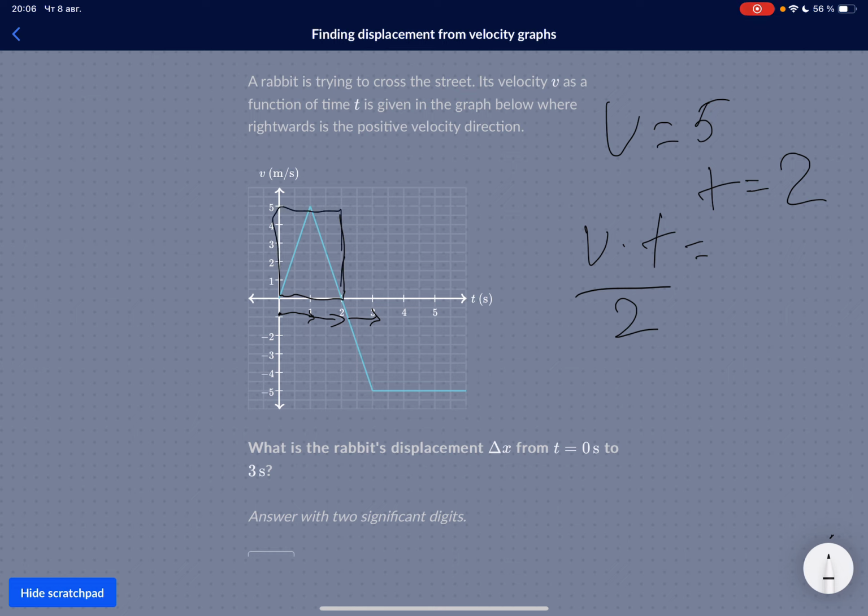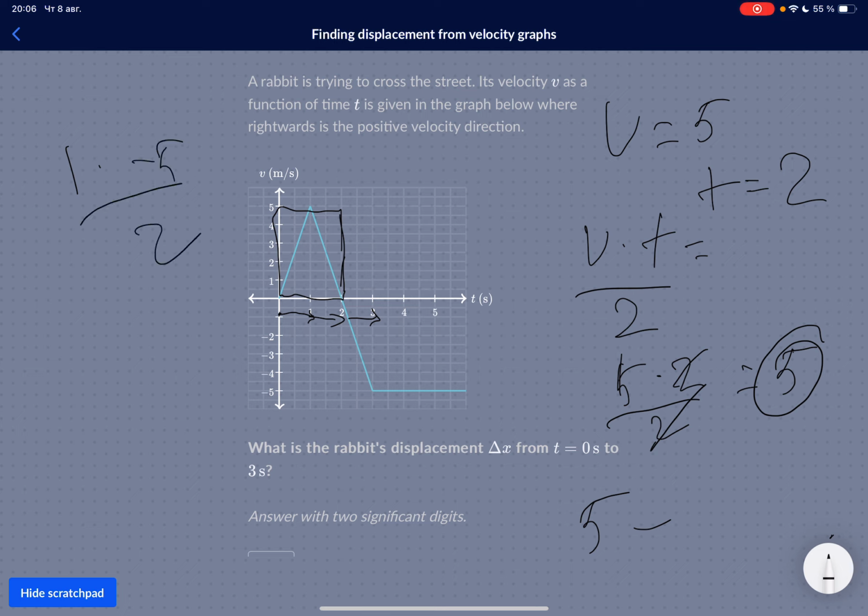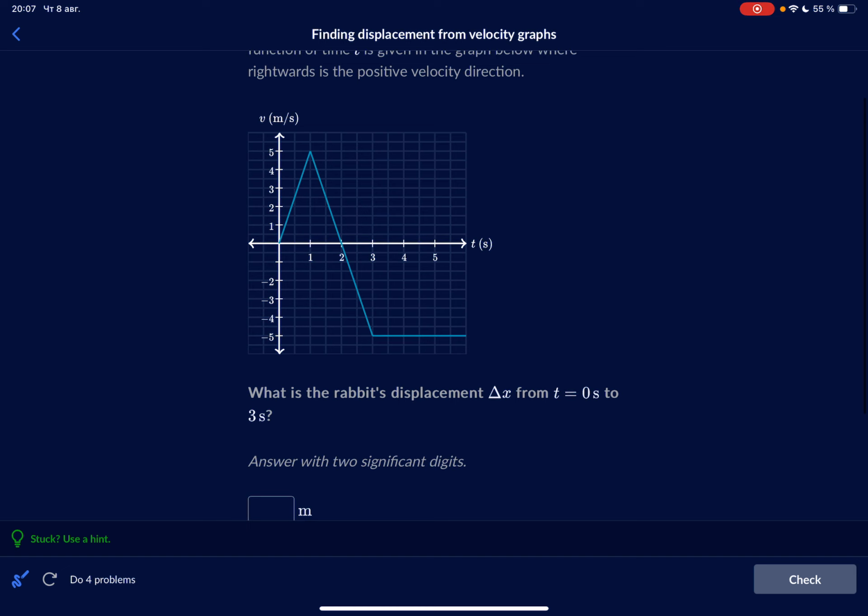So that would be 5. We already know that we have a positive 5 and a negative, and we should find those. 1 multiplied by minus 5 and divided by 2, that would be minus 2.5. So 2.5 would be the answer.